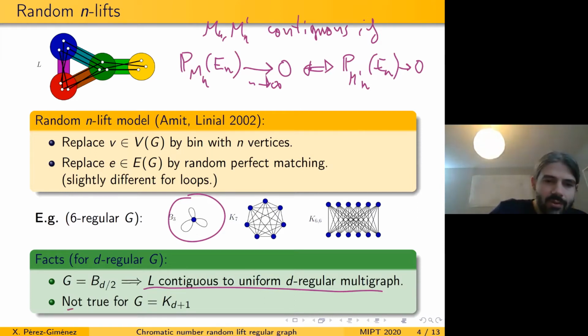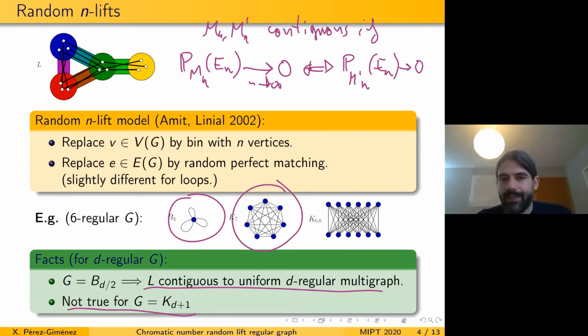However, this is not true, for instance, if you pick this as your base graph. You can show that easily, by showing that if you pick a uniform d-regular graph, with probability tending to 0 it's going to be a lift of this. In fact, in general, if you pick two different 6-regular or d-regular base graphs, the random lift that you obtain from each one is not contiguous.